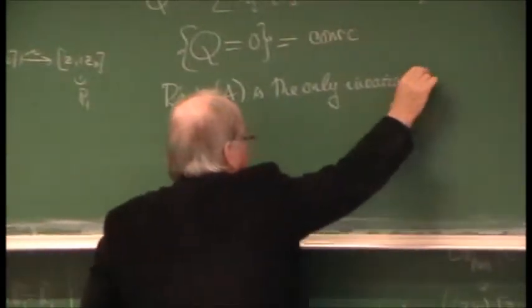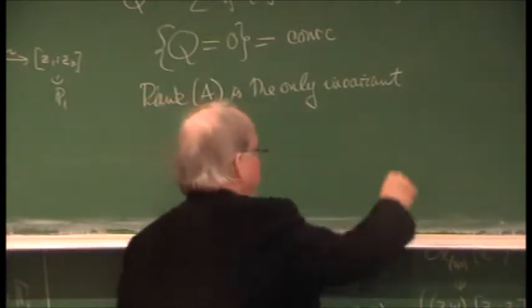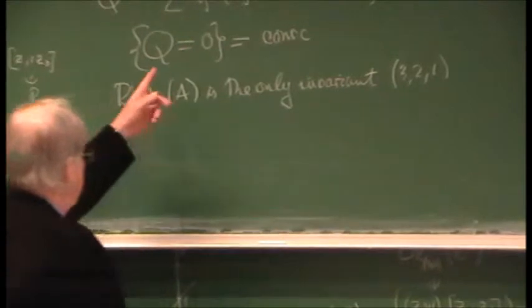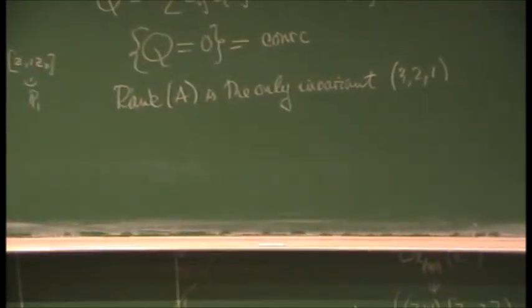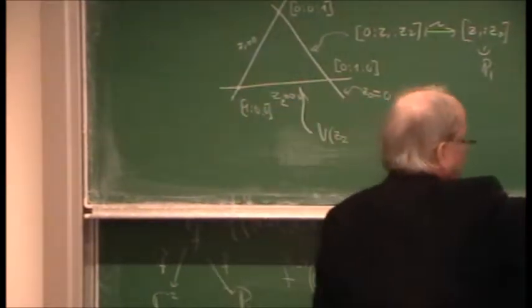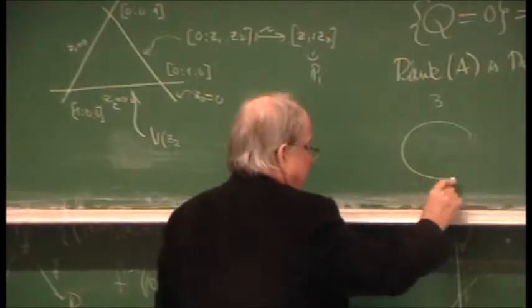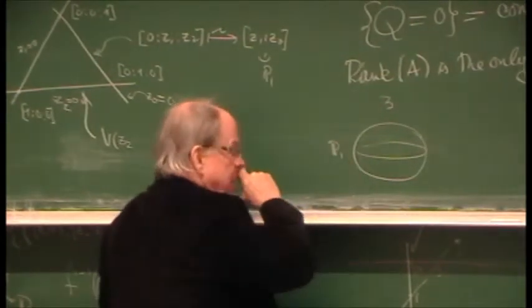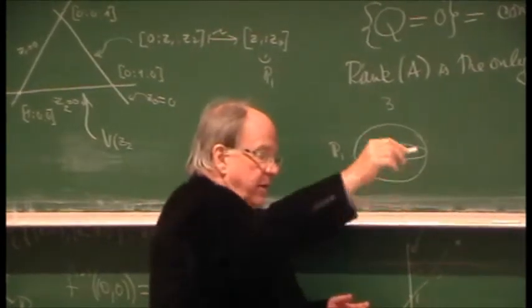So really there are only 3 types that can go on: rank 3, 2, and 1. Rank 0 doesn't occur because that means everything is 0. That's not a valid equation. So if the rank of the quadratic form is 3, this thing really is a copy of P1.